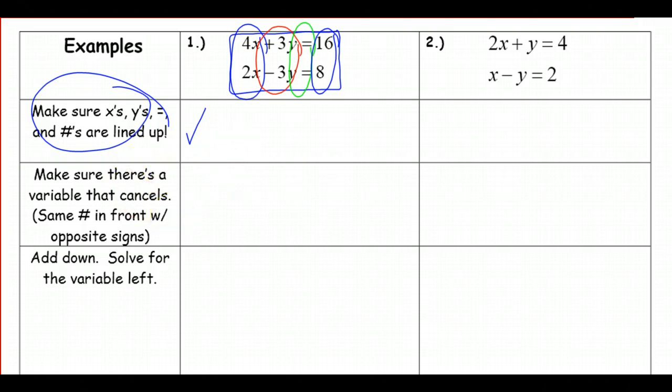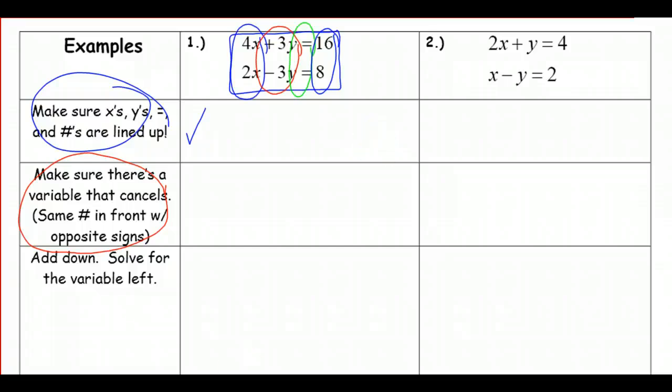All right, step 2. It says make sure that there is a variable that cancels. That means that we want to have opposite coefficients. Remember that opposite coefficients means, for example, -2 and +2. Those are opposites. Coefficient means the number in front of the variable.